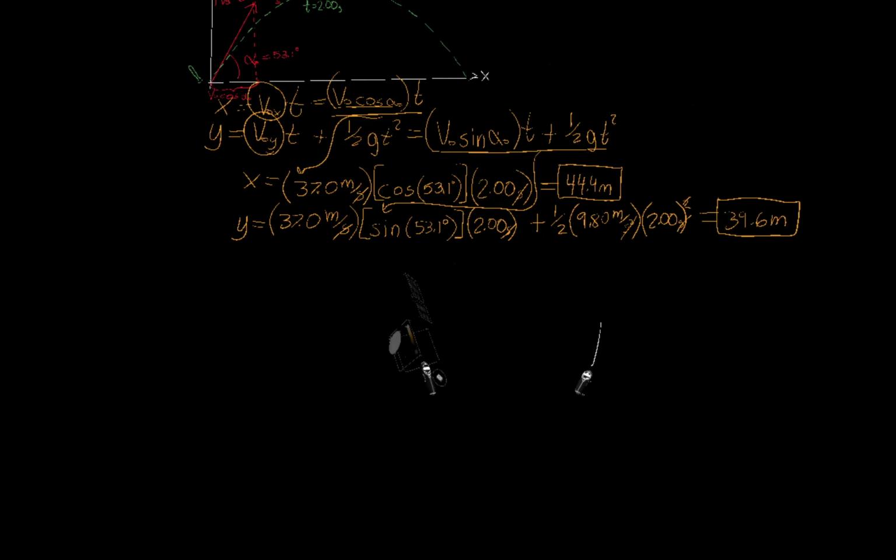So now, to find velocity, we go back to the same one because we're still on part A. What we want to find is the magnitude of velocity, which is the square root of Vx squared plus Vy squared. That's what we want, but we don't have Vx and Vy.